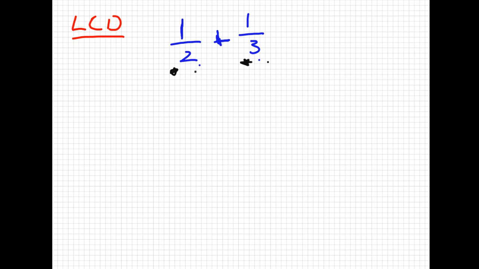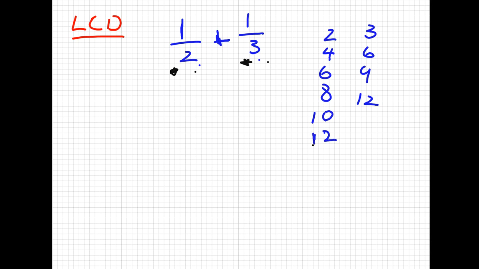So then what we do is we go through the multiples. We go, okay, there's 2, 4, 6, 8, and so on. Now 3, well, we've got 3, 6, 9, 12. Now if I keep going with 2, 4, 6, 8, 10, and 12.